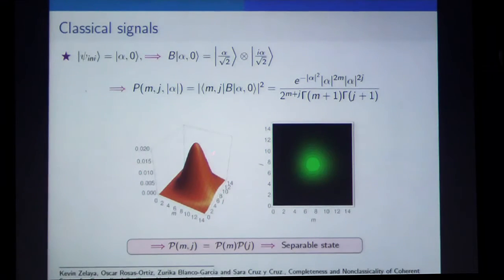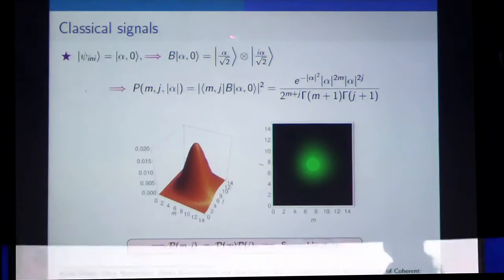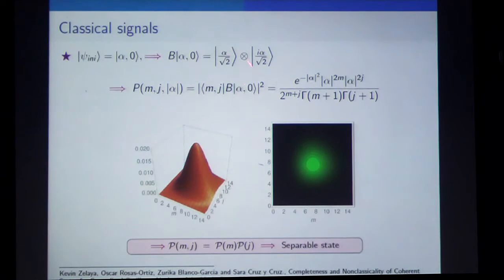Now let me introduce into the beam splitter a classical signal, the Glauber coherent states. After the action of the unitary operator, the output state is given by this expression, which is a separable state. But let me analyze the joint probability to verify the criterion. We found that this joint probability is given like this, and we can factorize this probability in both.